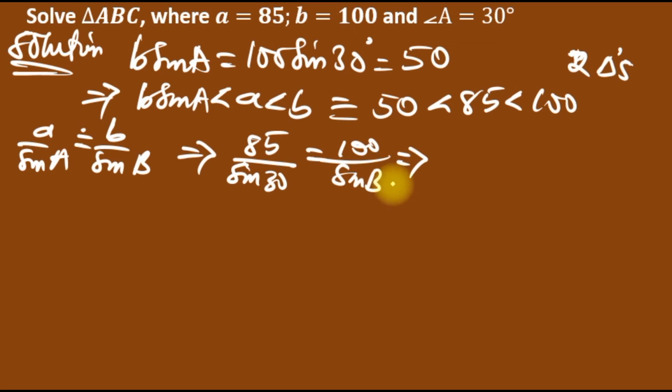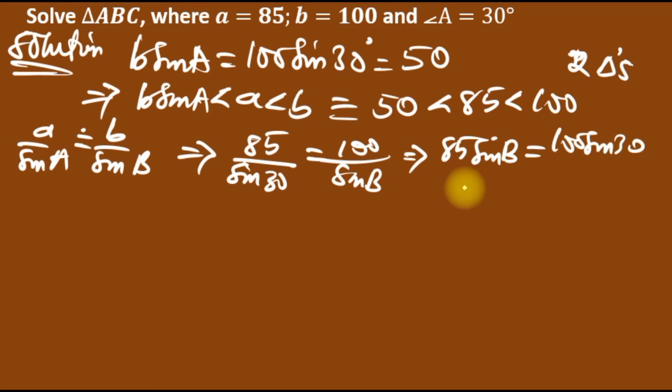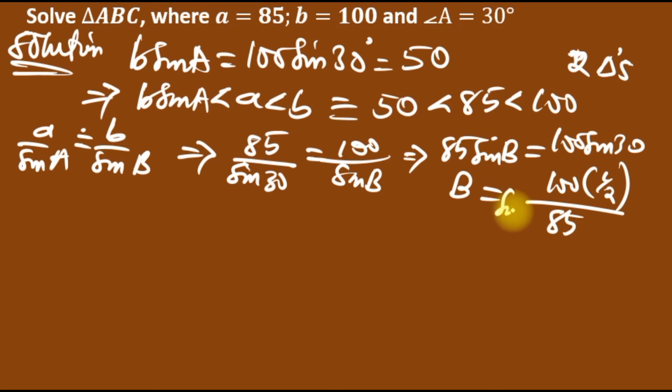So making B the subject of formula, let's cross multiply first. We will have 85 sine B is equal to 100 sine 30. So sine B is 100 sine 30, which is 50, over 85.